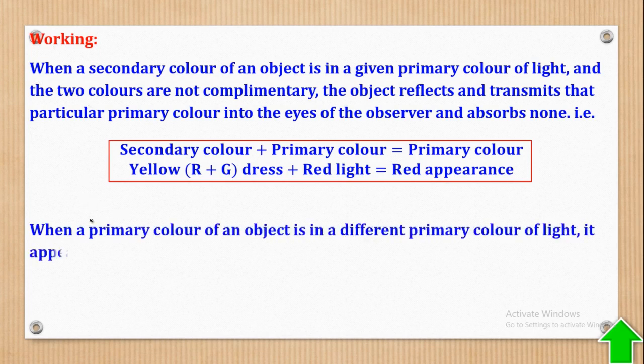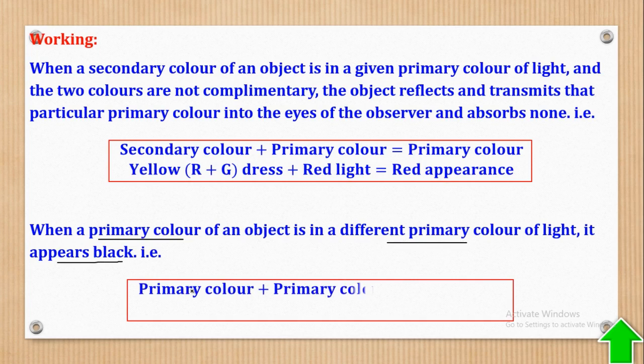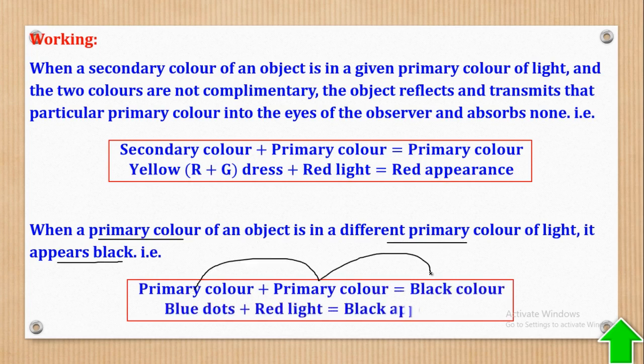For the blue dots, what we need to know is that when a primary color of an object is in a different primary color of light, it appears black. So primary color plus primary color will give you black color. These blue dots, where blue is the primary color and red is the primary color, when you mix the two, the outcome will be a black appearance.